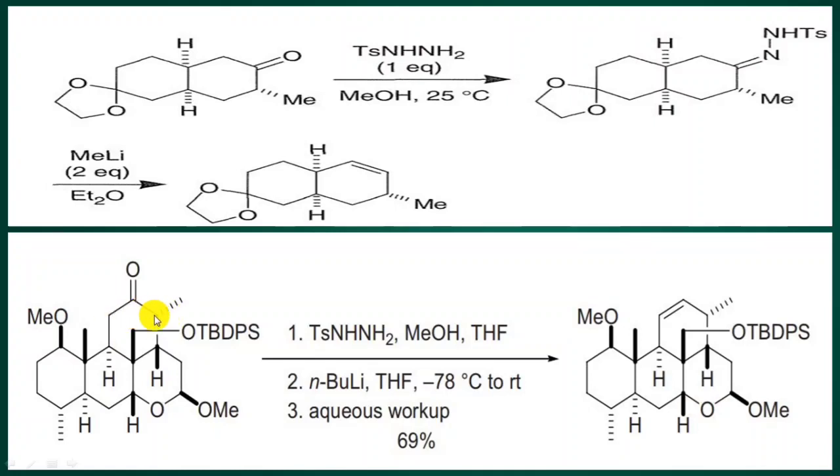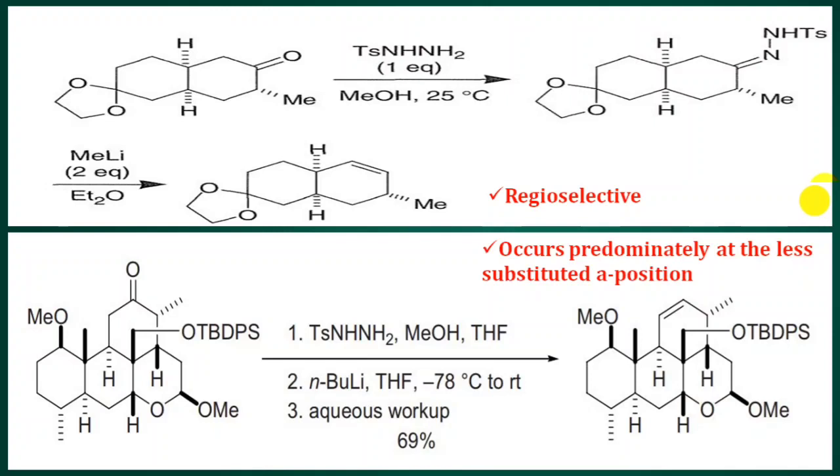As this structure is heavy, we are scared when we see it, but it is a very simple conversion. So the first point to remember for this reaction is that it is a regioselective reaction, and the olefin formation takes place at the less substituted alpha position.